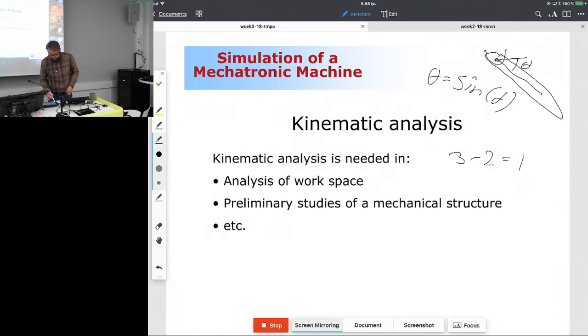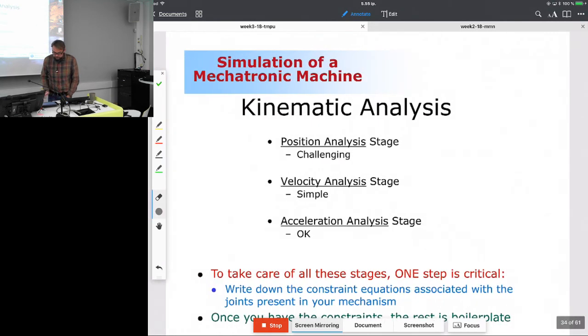So the kinematic analysis goes this way: first we carry out the position analysis. Position analysis is a little bit challenging because we have to use iterative methods, Newton-Raphson or others, but we're going to use Newton-Raphson. With a certain number of iterations, we can get an accurate definition of position at a certain time. Once we have position, we can solve the velocities and accelerations.